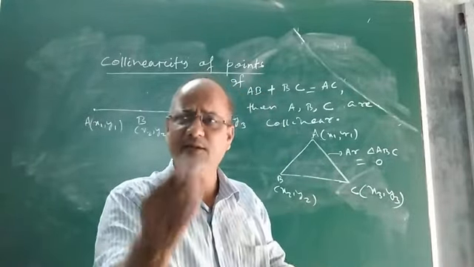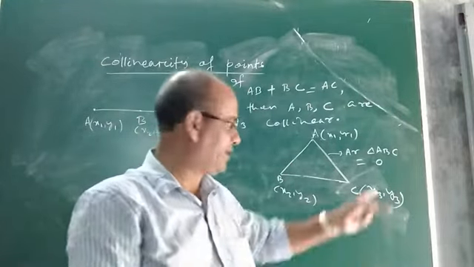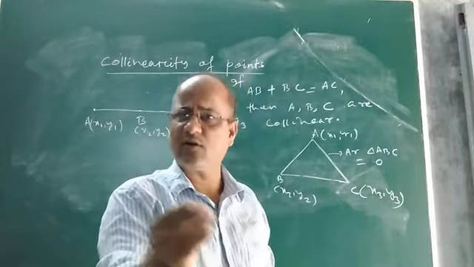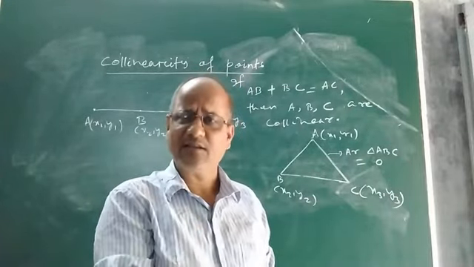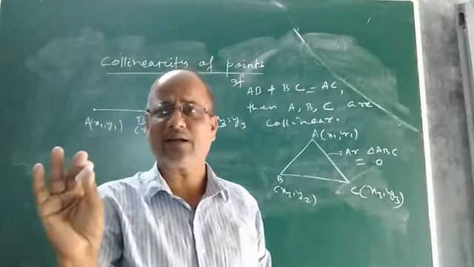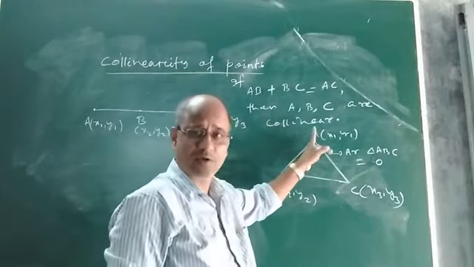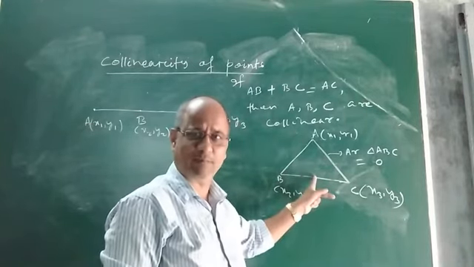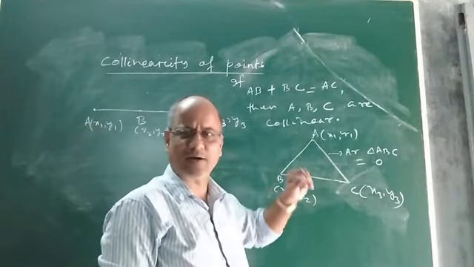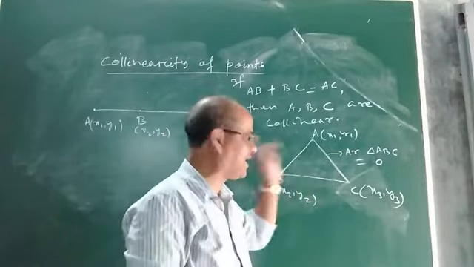Indirectly it means that the 3 vertices cannot be non-collinear. Because when 3 vertices are non-collinear, lying on the same plane, only then will we get a figure, a triangle. And if you get a triangle, then it will have some area. Its area cannot be 0.